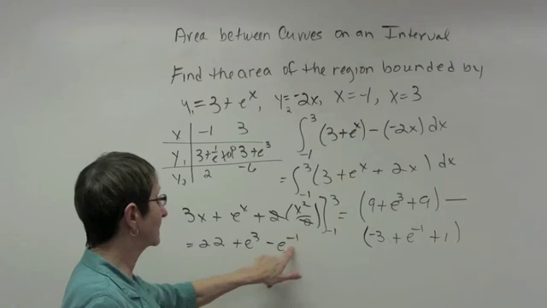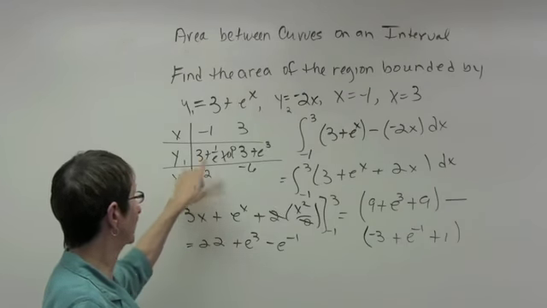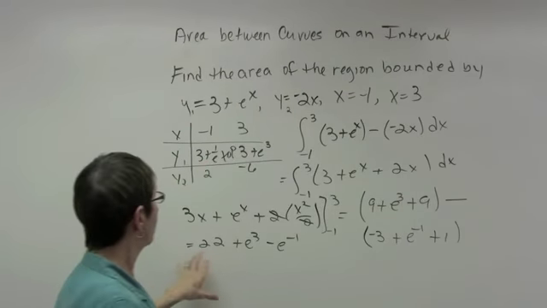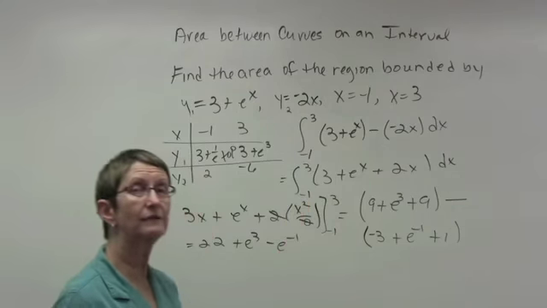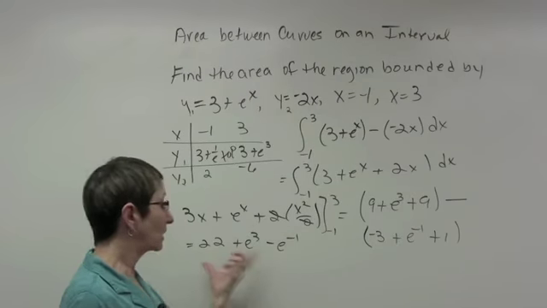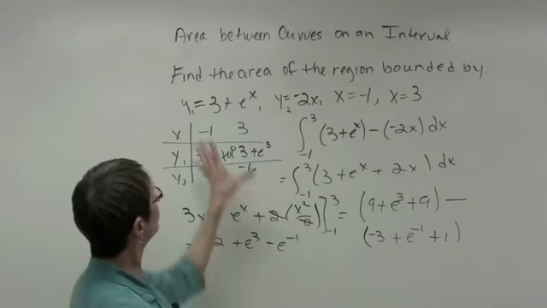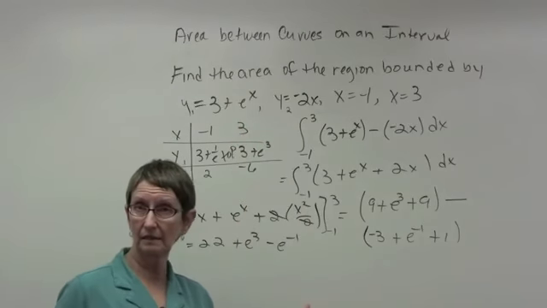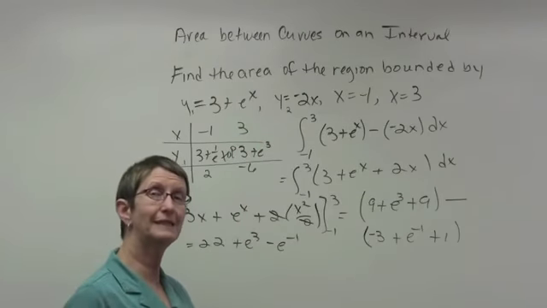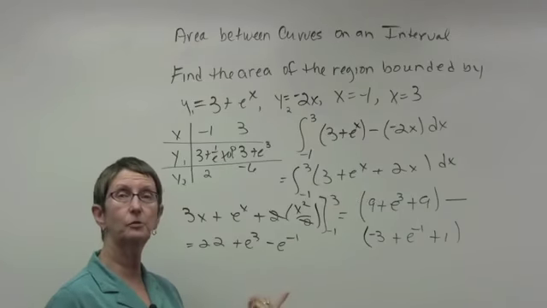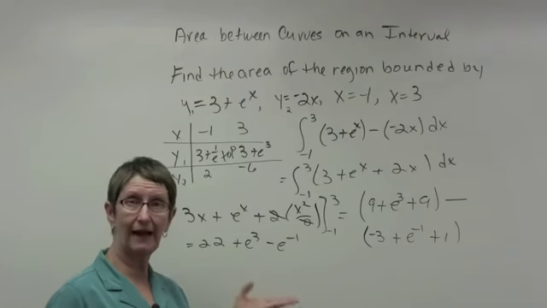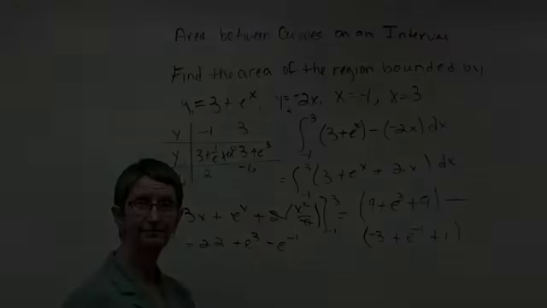I can write e to the -1 as 1 over e, like I did up here, but since the definite integral gives the exact value, we don't really want to put this in a decimal at this time. If this were a problem involving money, a different type of application we'll see later, then we would go to a decimal. But for now, this is the exact value, and this is where we stop.